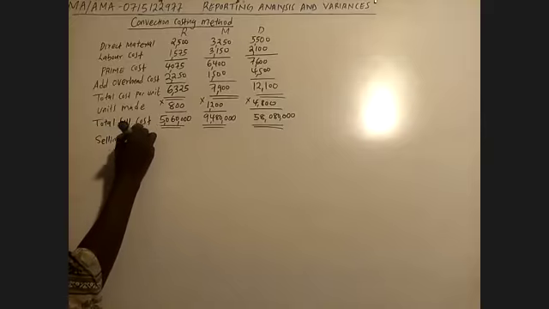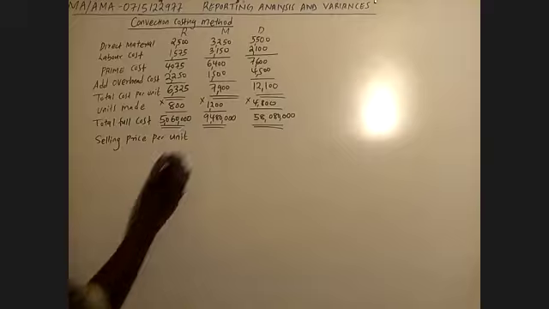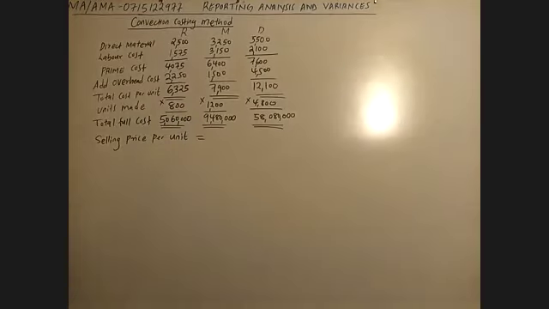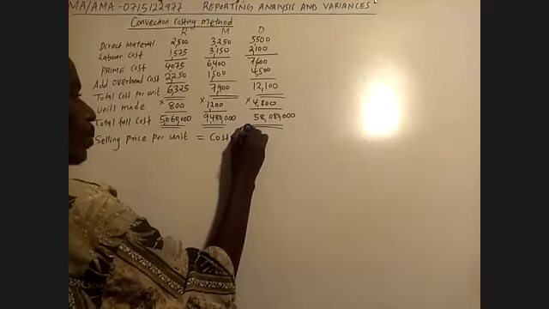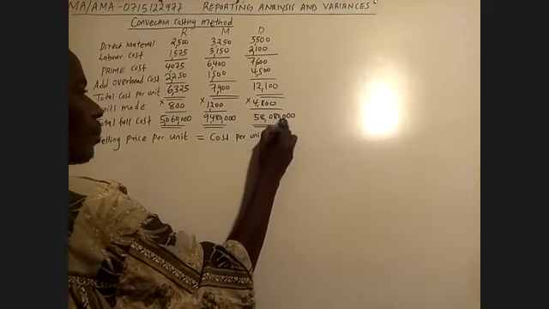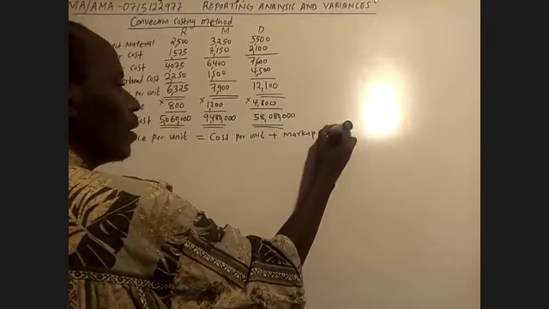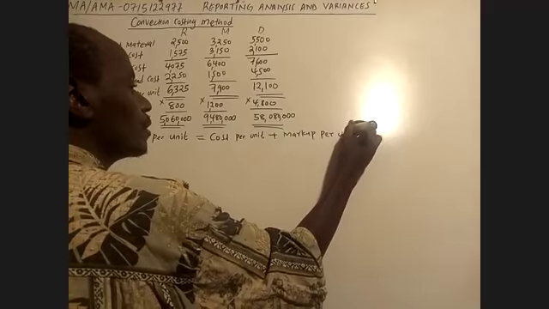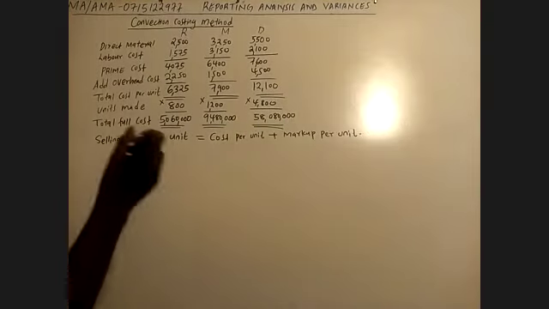Now they also want us to find the selling price per unit. Remember, this is the formula: selling price per unit is the cost per unit plus markup per unit.